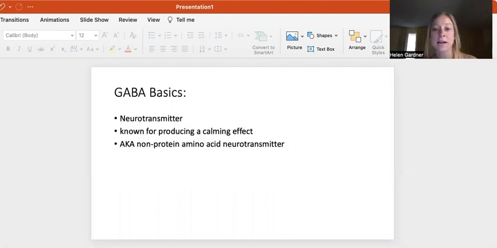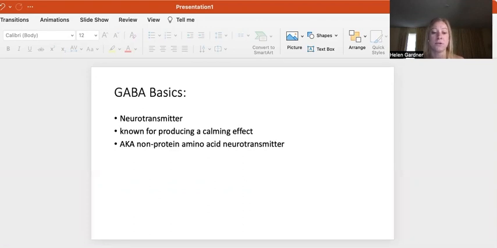Then here's a slide about just some basics about GABA. Gamma aminobutyric acid, again, is a neurotransmitter. It's a chemical messenger in the brain, and it slows down your brain by blocking specific signals in your central nervous system, so like your brain and your spinal cord.